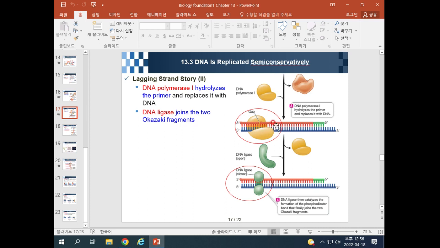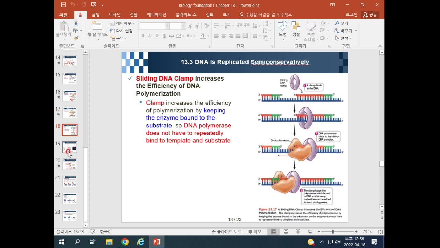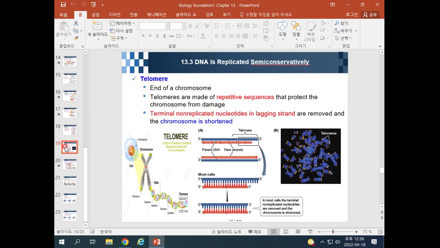After that, they also replicated the DNA. Finally, at the gap, DNA ligase joined the Okazaki fragments. Okay, and also sliding DNA clamps help increase the efficiency of DNA polymerization.